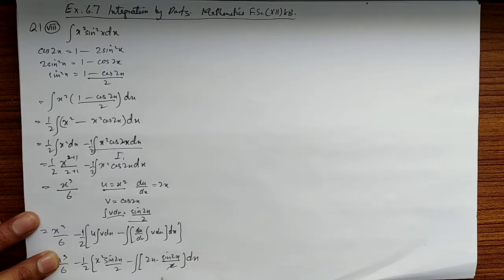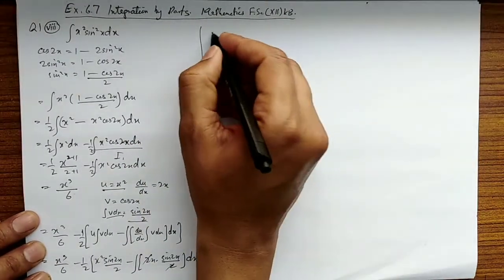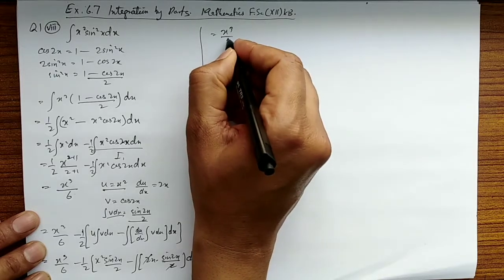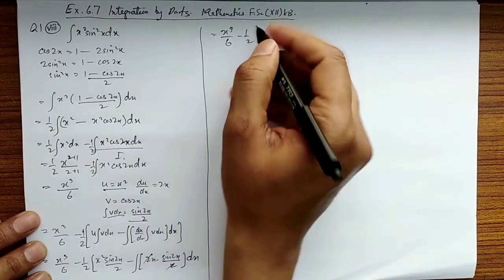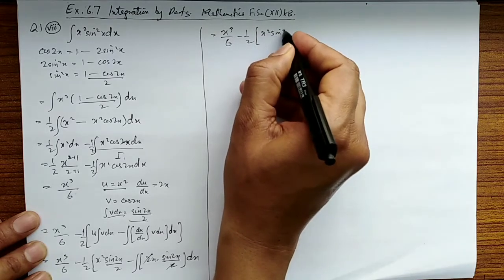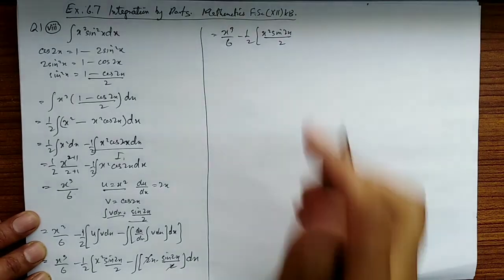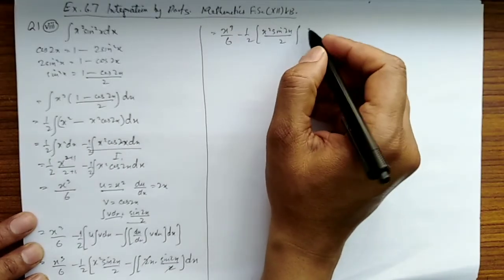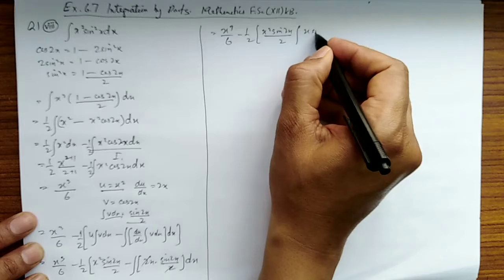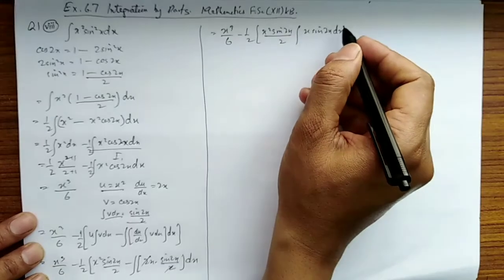So I can cancel out this 2 and this 2, and rewriting the question here: x cube upon 6 minus 1 upon 2 of x square sine 2x upon 2 minus integral of x sine 2x dx.